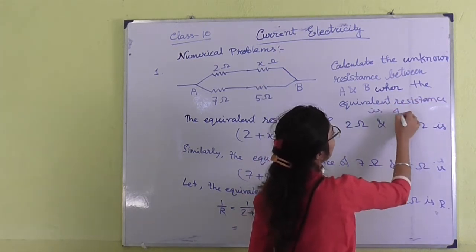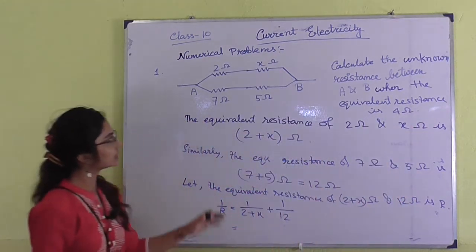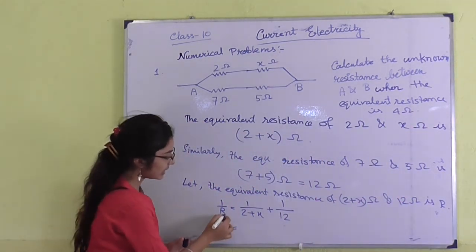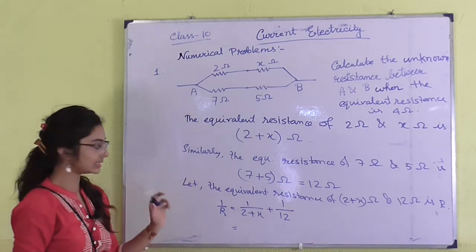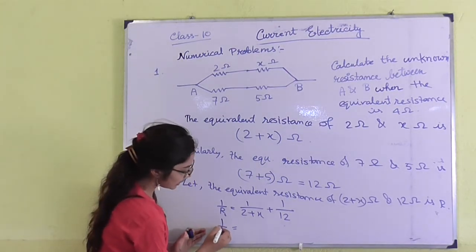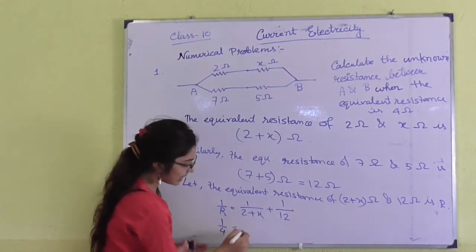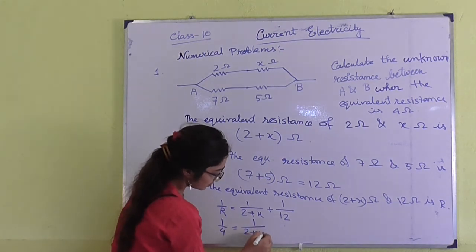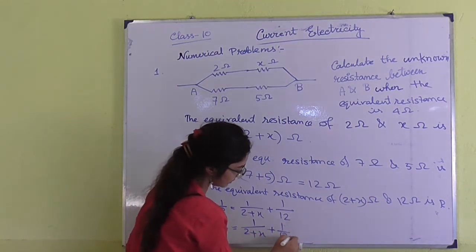So the equivalent resistance is given and you have to find the unknown resistance. So the equivalent resistance is 4. So 1 by 4 is equal to 1 by 2 plus x plus 1 by 12.